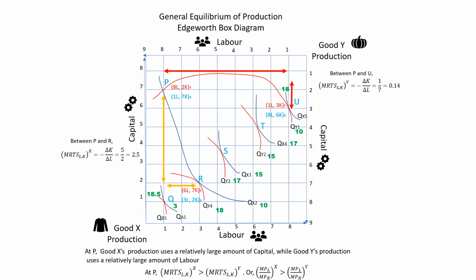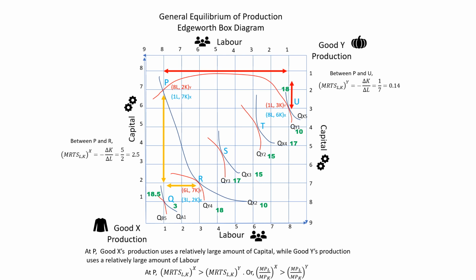Eventually, we would like to arrive at a point where these marginal rates of technical substitution are equal to each other. In other words, the relative marginal productivities of labor to capital in the production of the two goods are equal, because that would imply that there is no further need of modifying the input mix in the case of either of the two products.